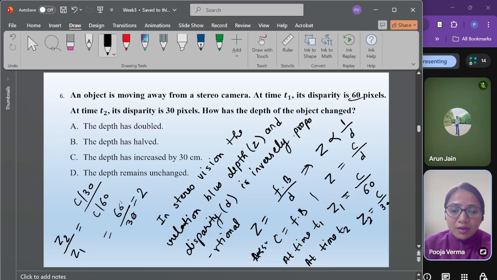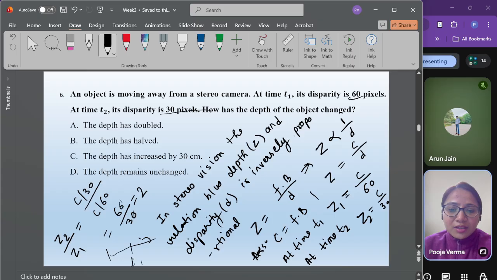So as if an object is moving away from the stereo camera. At the first time t1, the disparity is 60 pixels, and at time t2, the disparity is 30 pixels. So how has the depth of the object changed from t1 to t2, right? Like the object is moving like this.